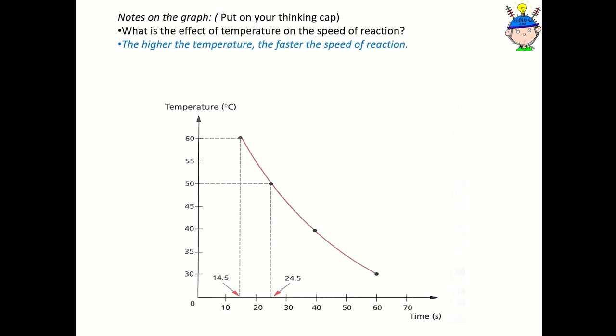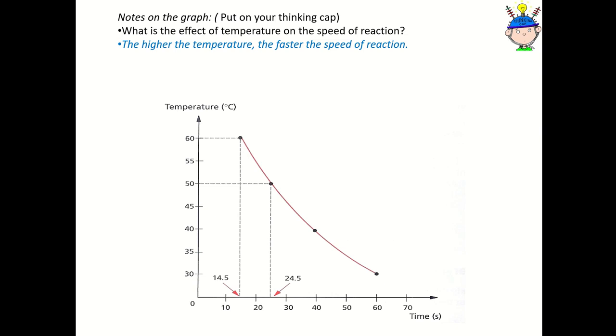So if you are investigating, say, the effect of temperature on speed of reaction, what you realize is that at higher temperature, the time taken for the cross to disappear or the cross to be obscured by the sulfur that is being formed will be shorter.